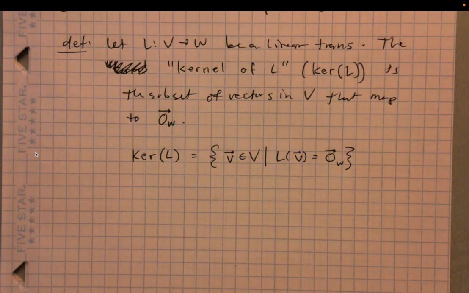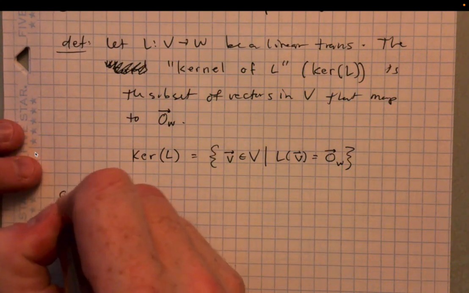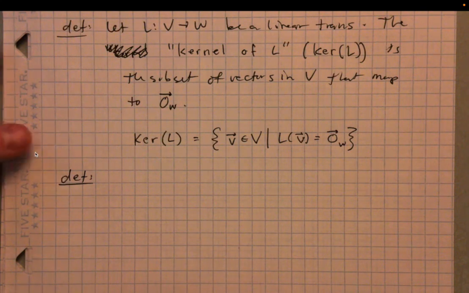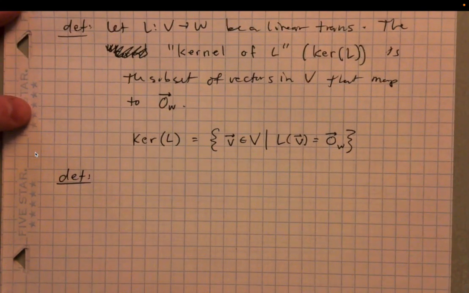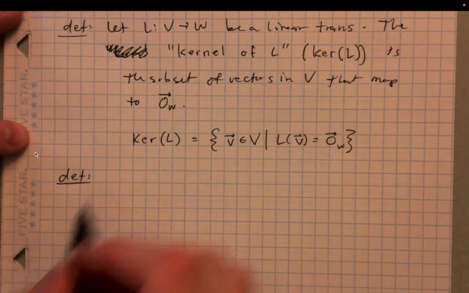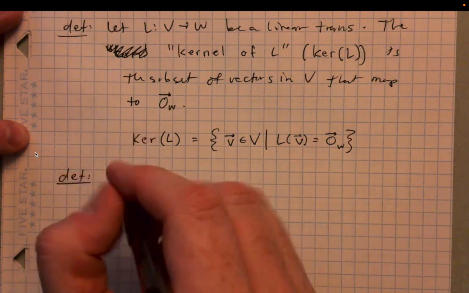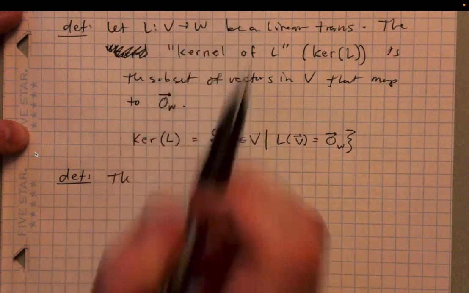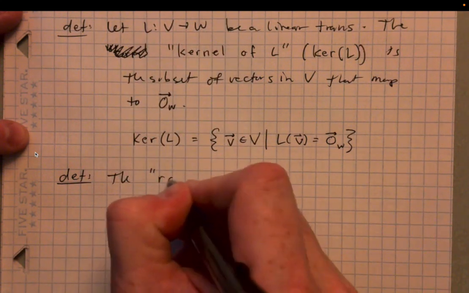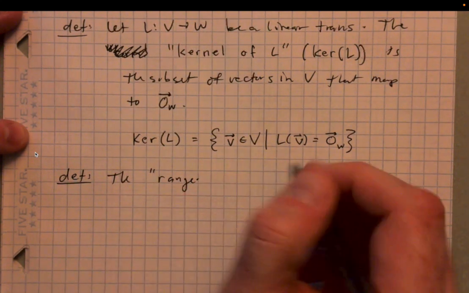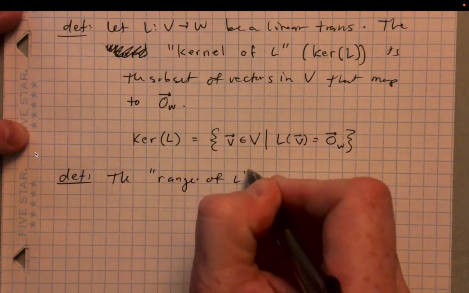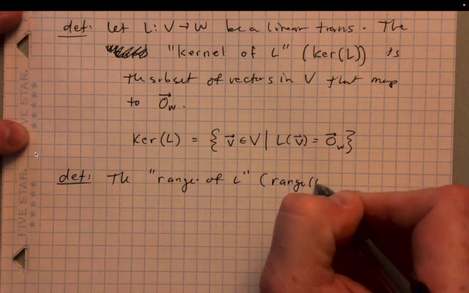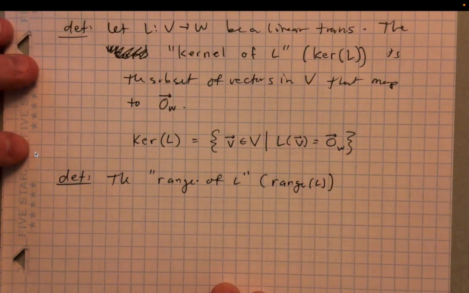And so while we're defining things, let's talk about the range. These are similar items. Well, they're totally different kinds of subsets, but they're both subspaces. So let's knock this one out as well. So the range of L, where again L is a linear transformation from V to W, and usually the way we describe it is just the word range as the notation.